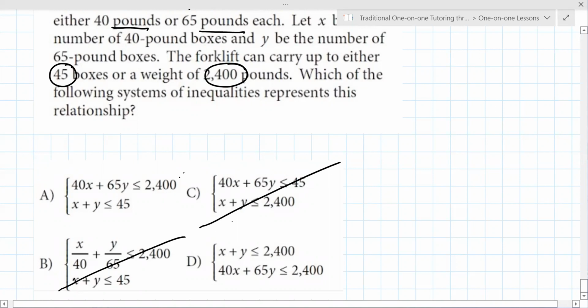So what they're giving you here is a pounds equation and then a total equation. And that's pretty common. One will tell you using the unit of whatever's given. The other one will be like these two things added together can be more than or less than a certain number. Do you want to go back and read the question, or do you think you can tell me which is the correct answer?